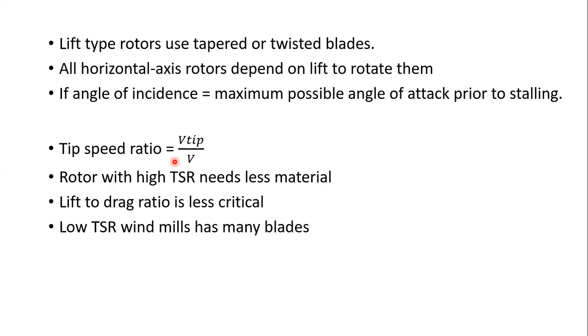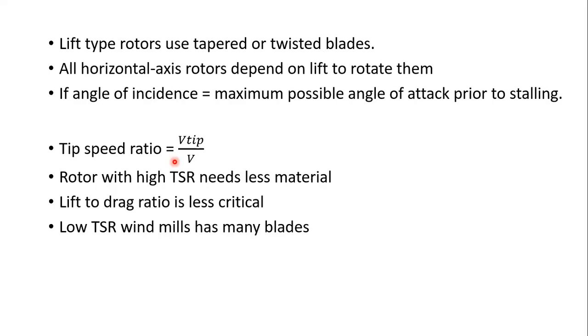The faster the rotor runs with respect to the wind speed, the less solidity is required to intercept the entire stream tube of wind that is passing through the rotor's disc. In other words, a rotor with higher TSR needs less material, and it can have relatively slender blades also.